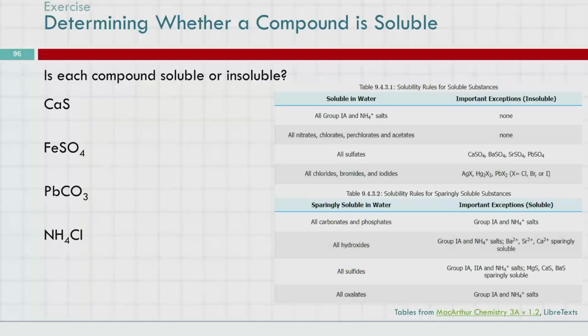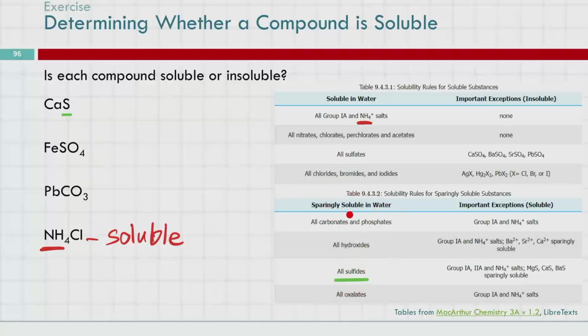We already did NH4Cl. That one is soluble because ammonium shows up on the soluble side of the table. For CaS, if we're using the one from the book, we need to know what CaS is. It's calcium sulfide. Calcium's probably not going to be on there, but sulfide is. So we've got sulfides in the sparingly soluble section. For us, this means insoluble. It doesn't dissolve.